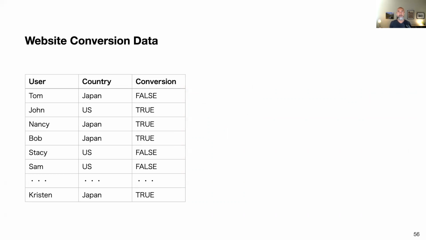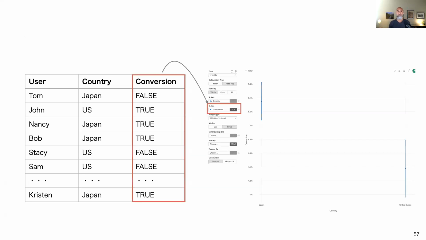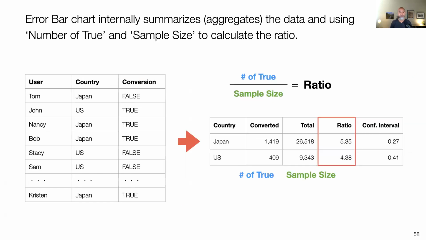Just imagine they put in an email to sign up, or they put in a credit card to convert, whatever could be the conversion status, true or false. With this kind of data, as we saw, you can assign this conversion column to the y-axis, and then you can get this error bar. That's pretty, I wouldn't say simple, but something that we already know.